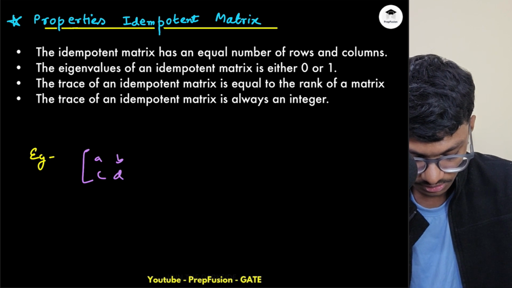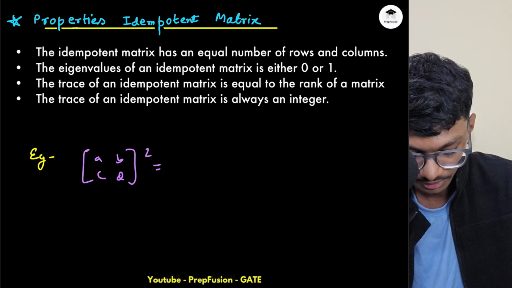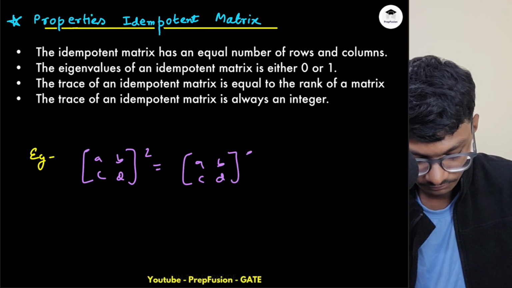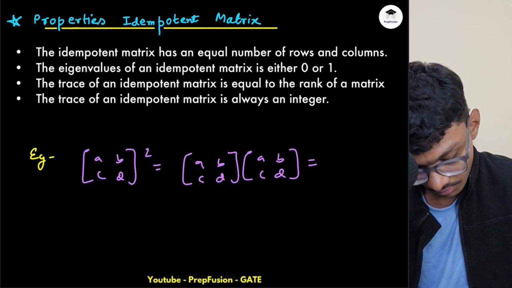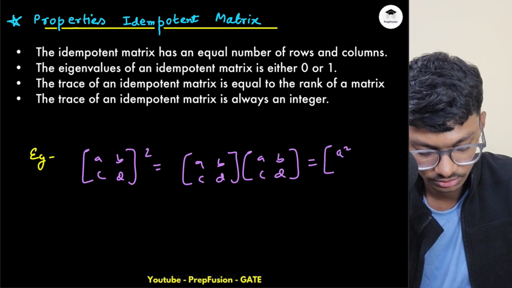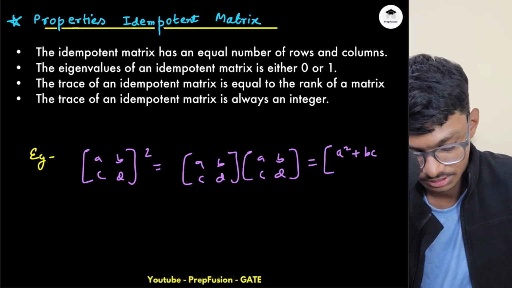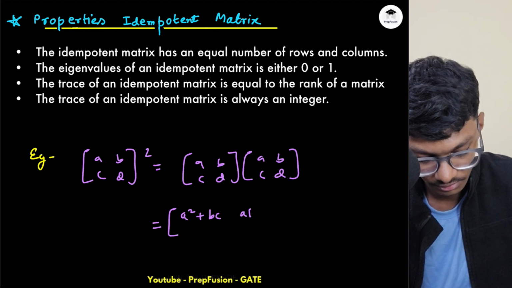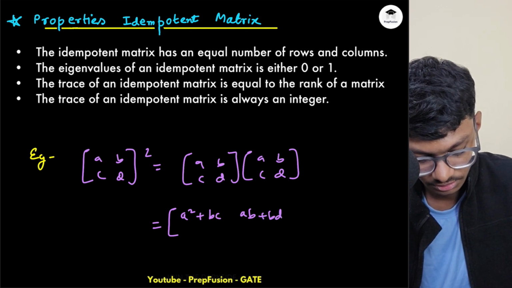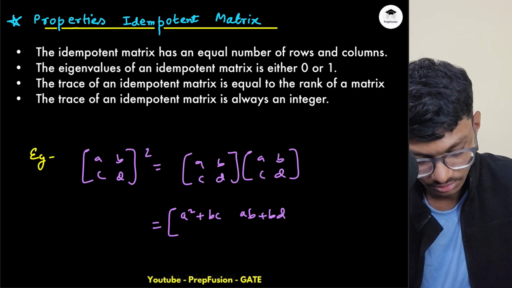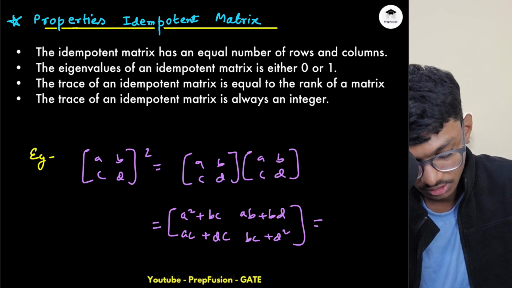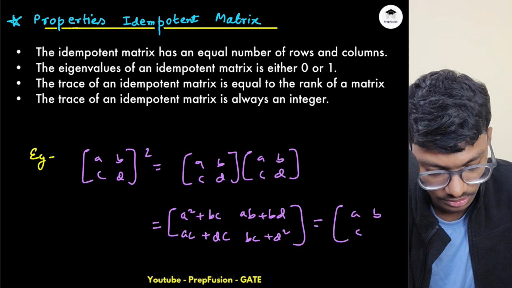Let me take [a b; c d] squared. So [a b; c d] squared will be [a square plus bc, ab plus bd; ac plus dc, bc plus d square], which has to be equal to A itself, because A square equals A.